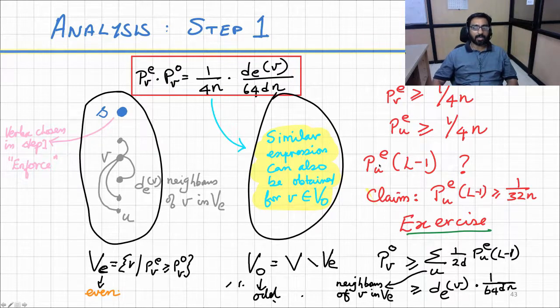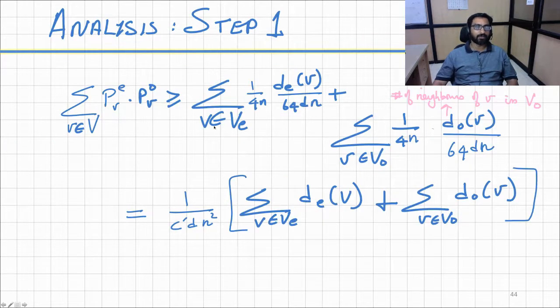So that's essentially what we have over here: V in VE and V in VO, but the expression inside the summation is pretty much identical, except that we are using DOV here because that's the number of neighbors of V in VO, given that V is in VO.